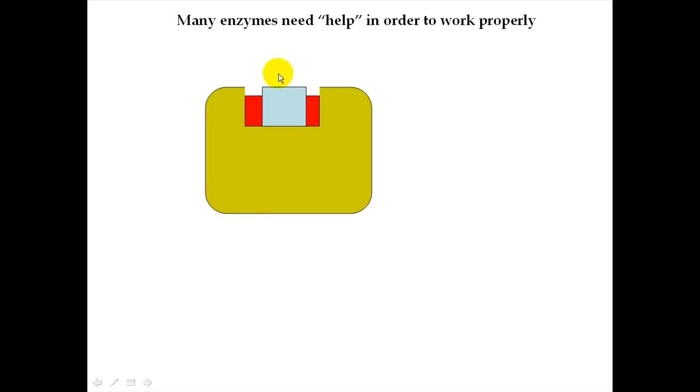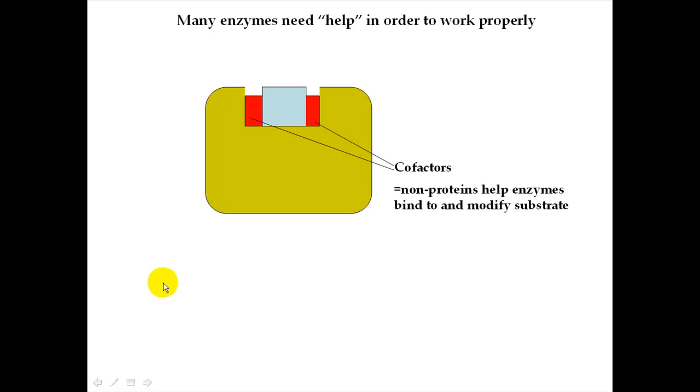So these helper molecules in red, there's two general classes of enzyme helper molecules. There's some that are called cofactors, and cofactors are non-protein molecules that help enzymes bind to their substrate.